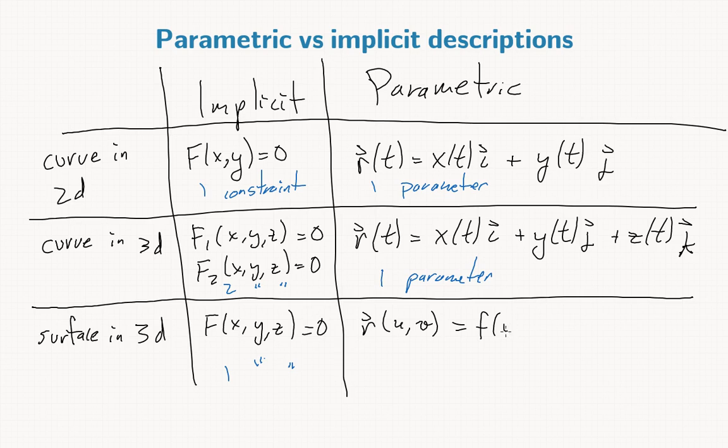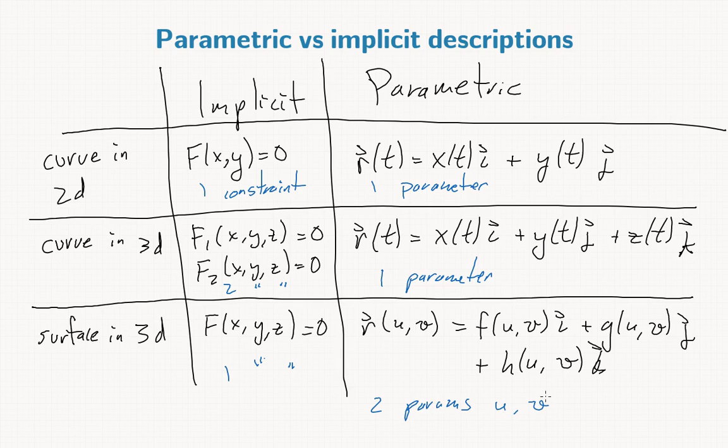Now this will have the form f(u, v) i + g(u, v) j + h(u, v) k. Now we have two parameters, u and v. I guess I could call these x, y, and z instead of f, g, and h. But sometimes it's helpful to write functions for them.